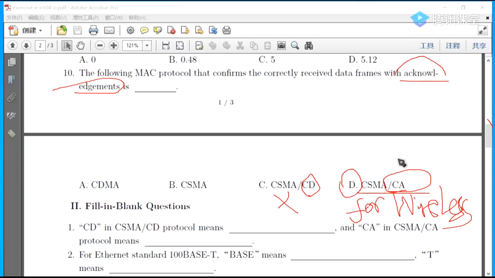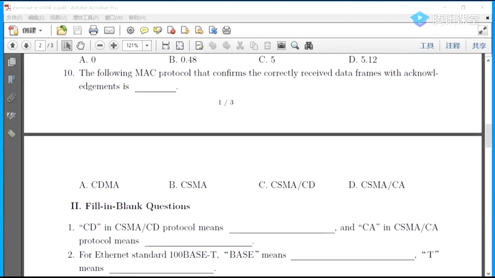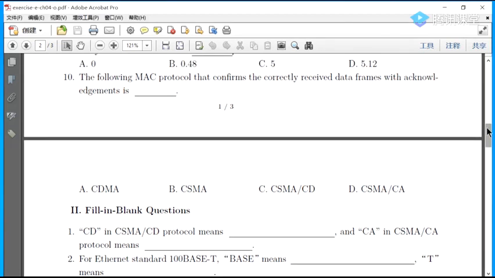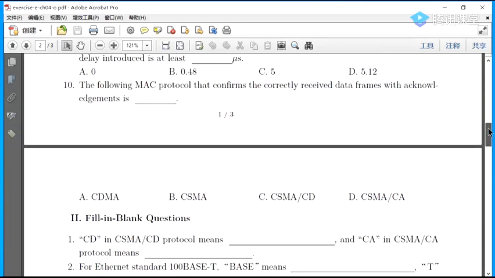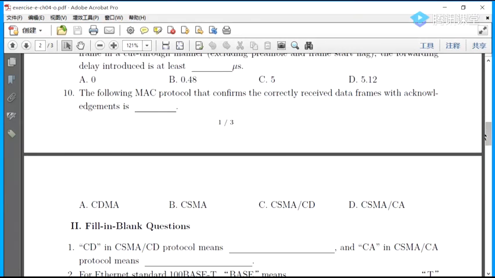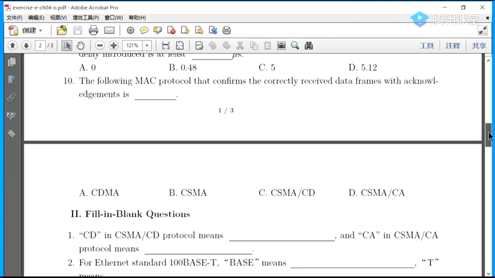So these choice questions are probably difficult for you. Remember these knowledge points, and I suggest you read the textbook carefully.